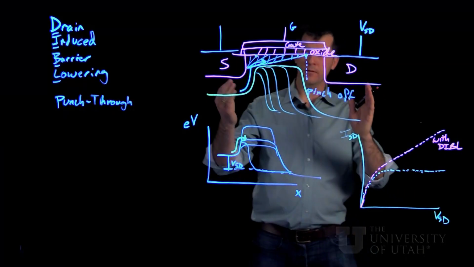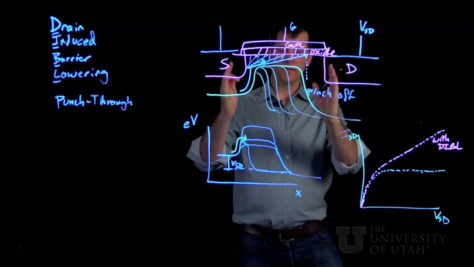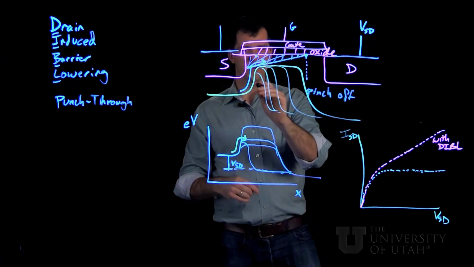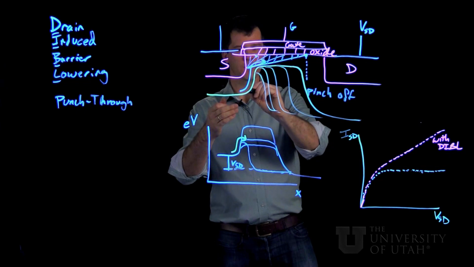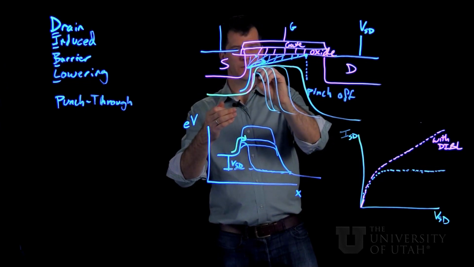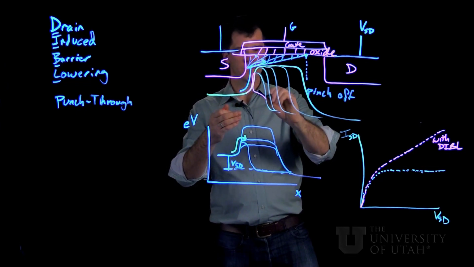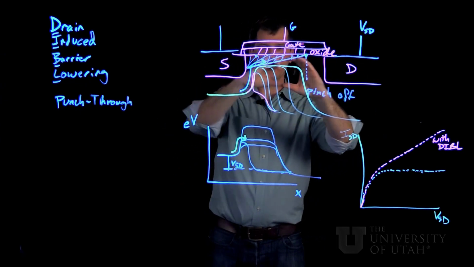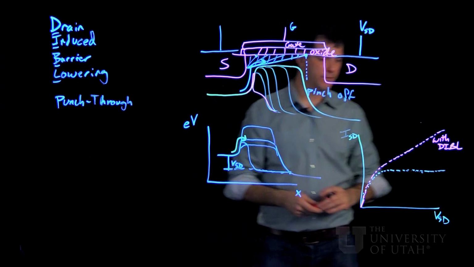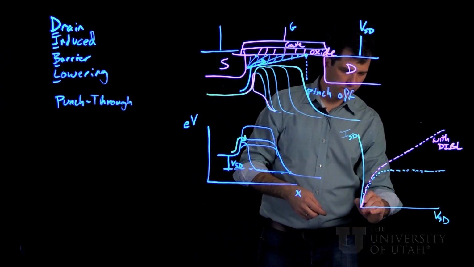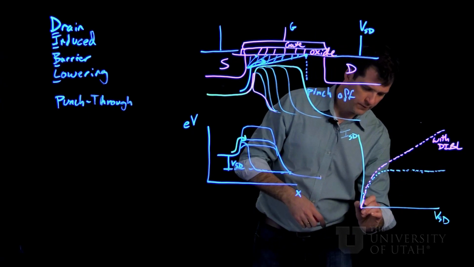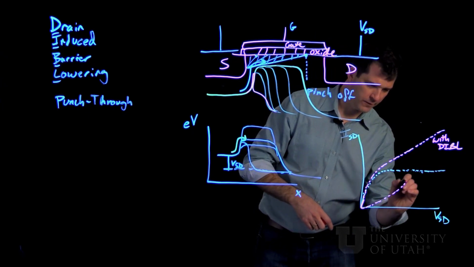And the punch-through really just means that the thickness of this barrier has gone to 0. If you no longer have a distinct distinction between the depletion widths coming from the source and drain sides, if they meet somewhere in the middle of the channel, then you'll turn essentially the entire IV curve into sub-threshold conduction.